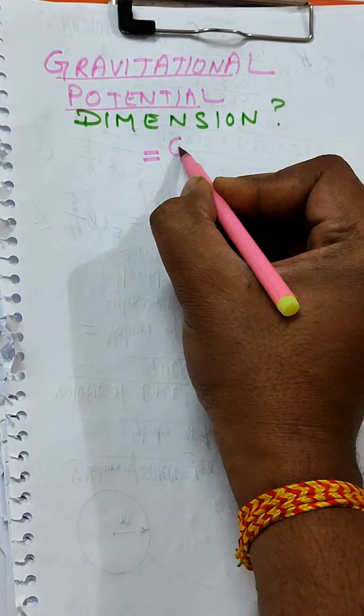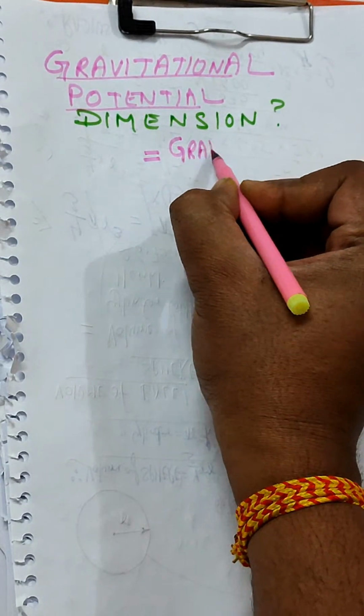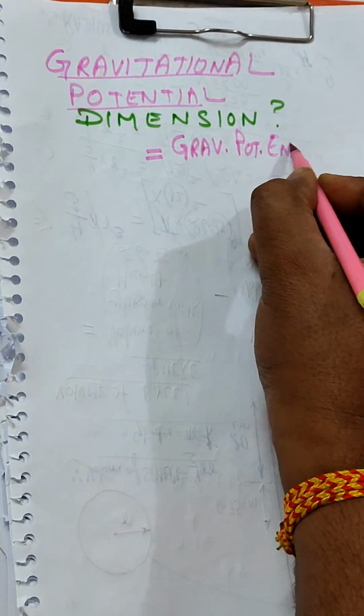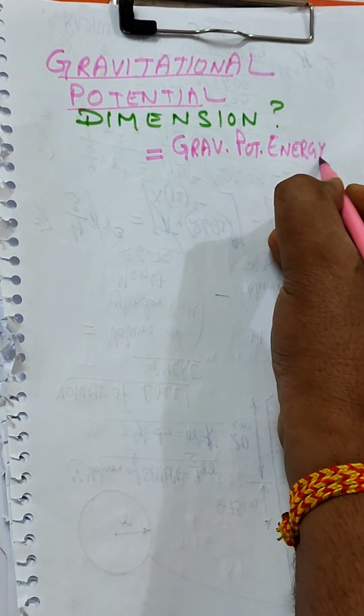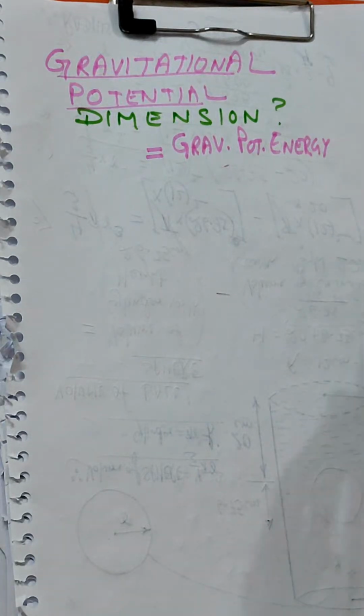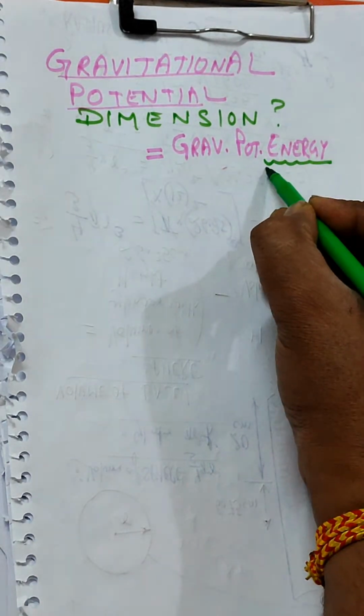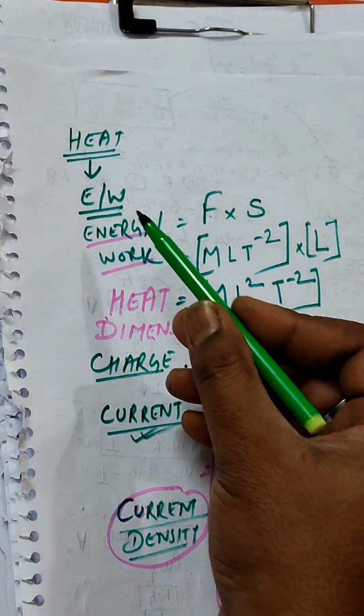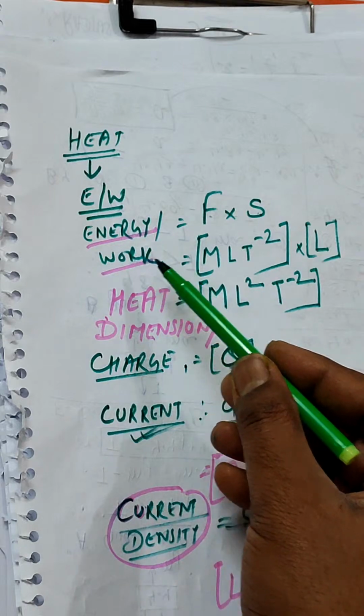So this is the gravitational potential energy. Just forget about the prefixes; just mark the word energy over here. For energy we have already calculated, that is for heat energy, or work, or whatever.